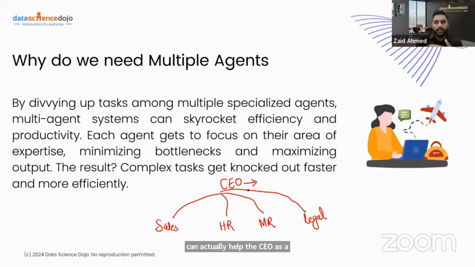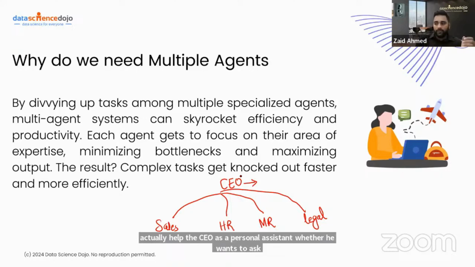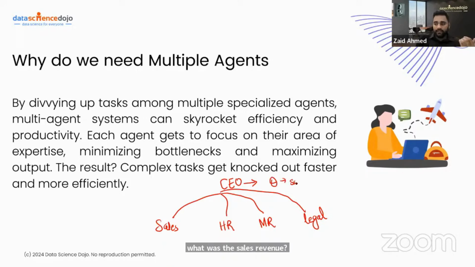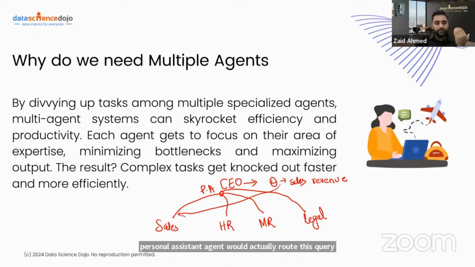If the CEO asks what was the sales revenue, this personal assistant agent would route the query towards the sales agent. And if the CEO wants to ask about some HR policies, the personal assistant can just route the query towards the HR agent. Consider all of these different agents as separate logical units.